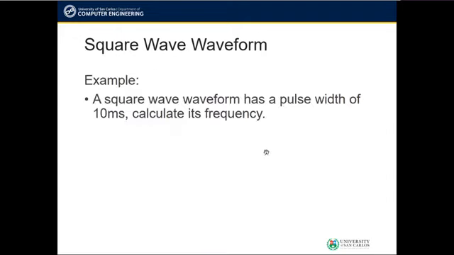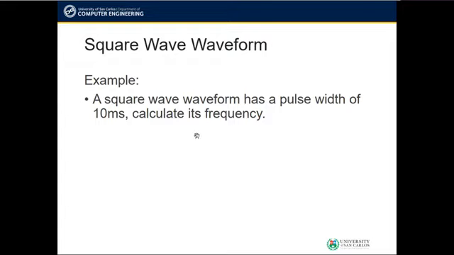Let's try to solve an example. A square wave waveform has a pulse width of 10 milliseconds. Calculate its frequency. It is mentioned in the problem that the signal is a square wave, which means that it has a 50% duty cycle. It is also mentioned that its pulse width is 10 milliseconds.